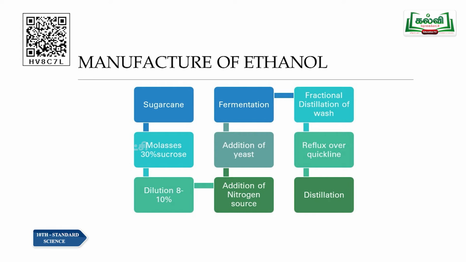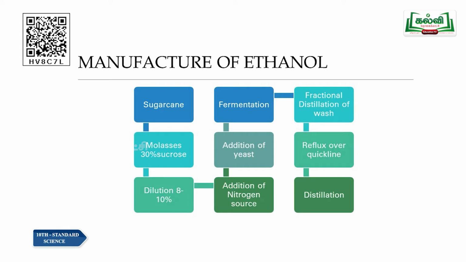After fractional distillation, the main fraction which is produced is called rectified spirit, which contains about 95.5% of alcohol and 4.5% of water. This is further purified by refluxing it over quicklime for about 5 to 6 hours, and it is allowed to stand for a few more hours.